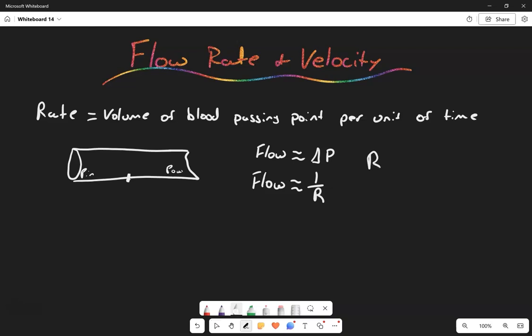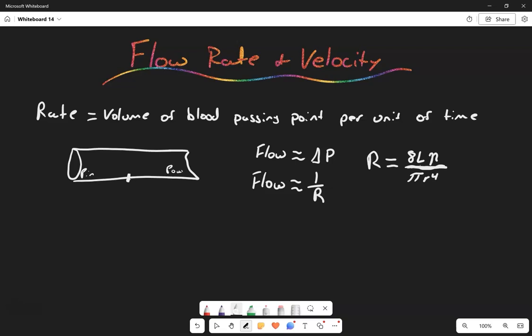And a scientist by the name of Poiseuille determined that resistance was equal to 8 times the length of the tube times eta, which is the viscosity of the fluid, divided by pi r to the fourth, where r is the radius.